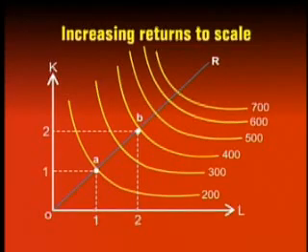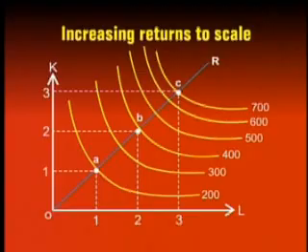In moving from A to B, the constant returns to scale assumption seems to be satisfied because inputs increase by 100% and output also seems to be increasing by 100%. But note now what happens when we move from B to C. Here, inputs increase by 50%, but output goes up to 700, and the resultant percentage increase in output is 700 minus 400 over 400, which is 75%.